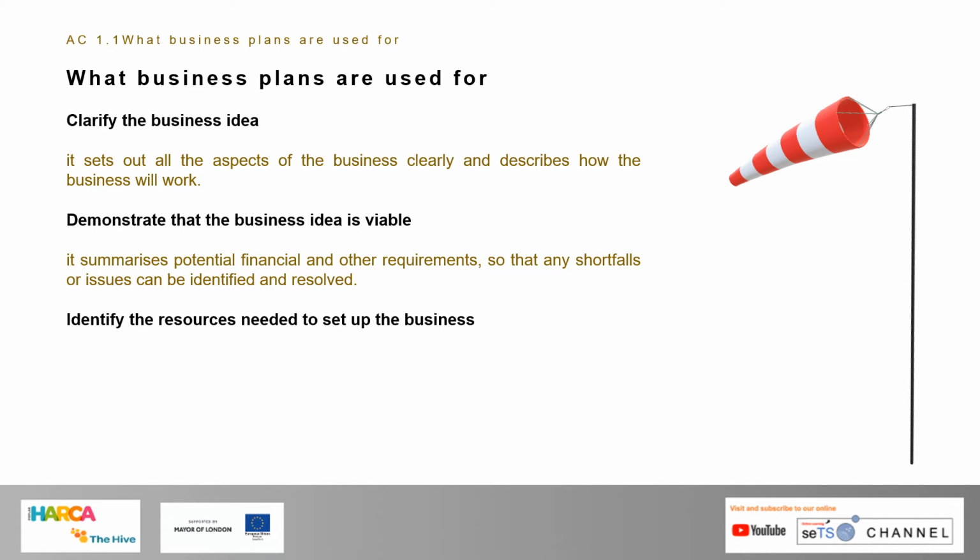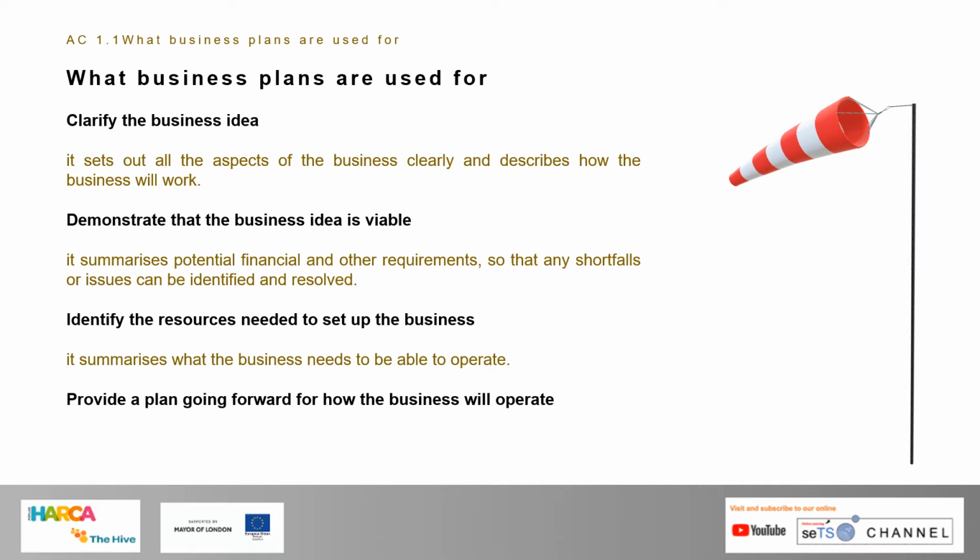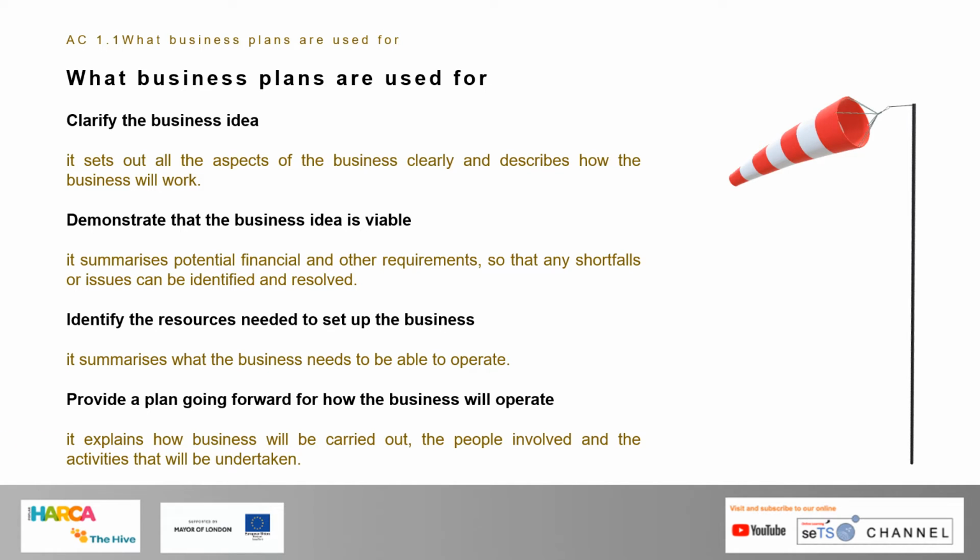Identify the resources needed to set up the business. It summarizes what the business needs to be able to operate. Provide a plan going forward for how the business will operate. It explains how business will be carried out, the people involved, and the activities that will be undertaken.